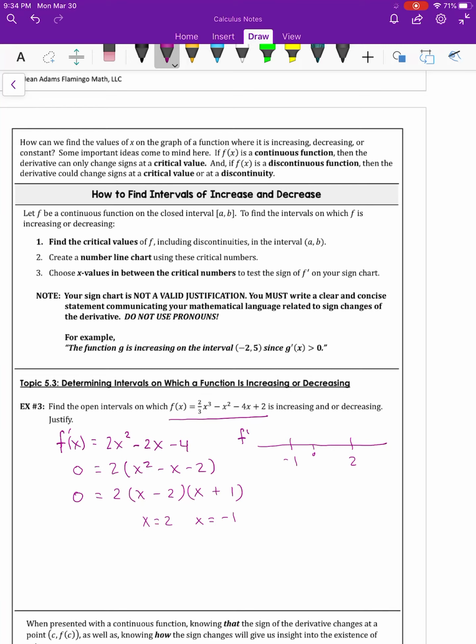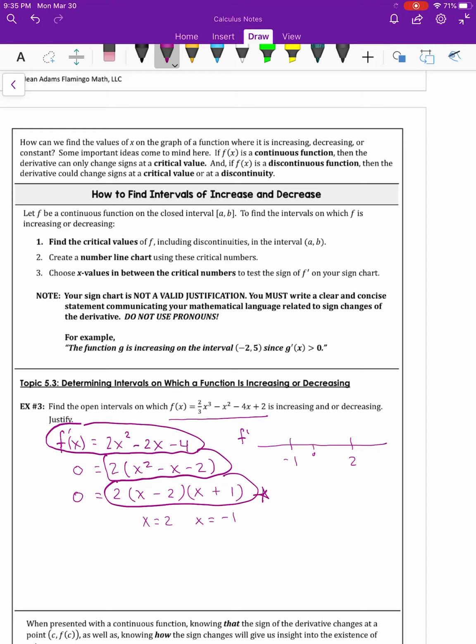So now you're going to choose a point in between. I'm just going to choose, let's say, 0. And we're going to look at what the derivative is at that point. And so I'm looking at putting it into either this or this, right? Or this, right? One of those. These are all the same. It might be easier to put it into this one.